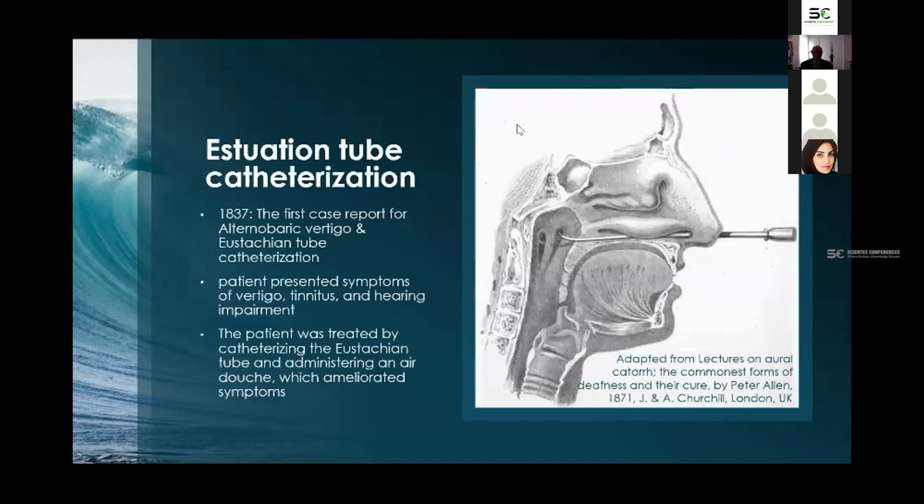In 1871, Peter Allen, a British pioneer of otology who was well before his time, mentioned that vertigo due to ETD was relieved by local treatment using air douche. Not only that, he also correctly maintained that vertigo is associated with intra-auricular pressure, that is, pressure upon the labyrinth fluid.